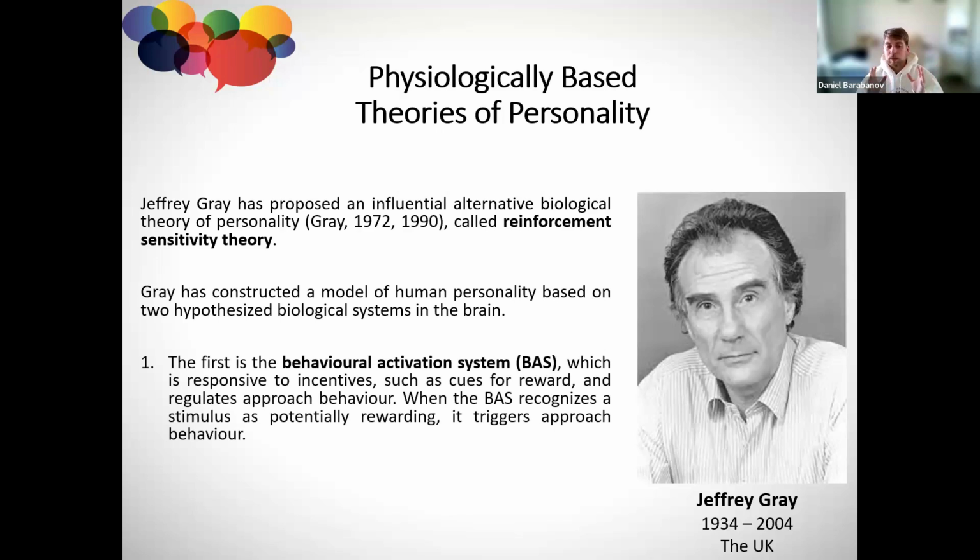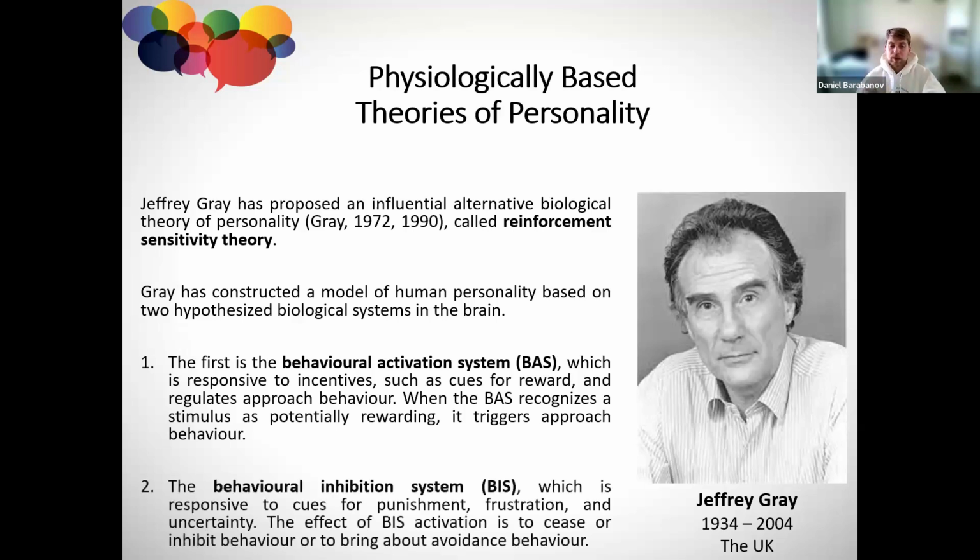And when BAS recognizes a stimulus as potentially rewarding, it triggers approach behavior. So it's some sort of accelerator pedal inside our internal car. It motivates us to approach something and get it. The opposite system is the behavioral inhibition system, or BIS. It's some sort of internal brake pedal inside our car.